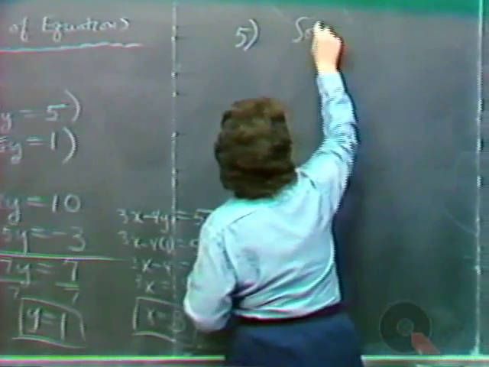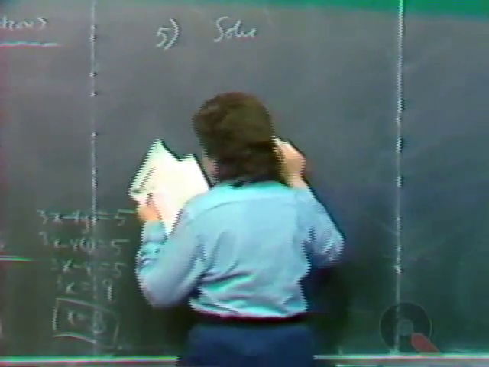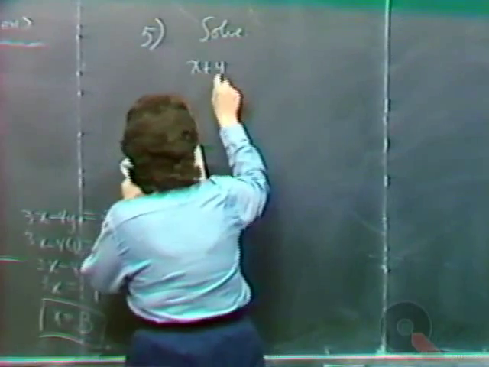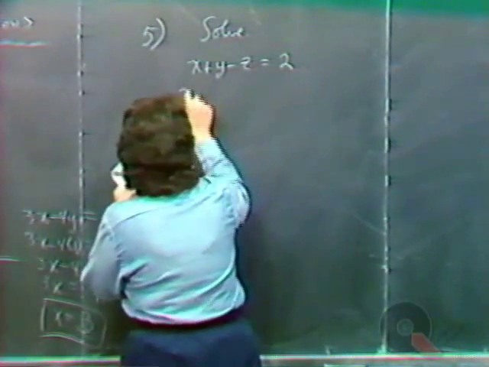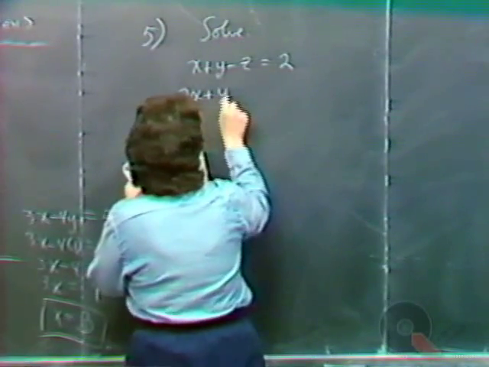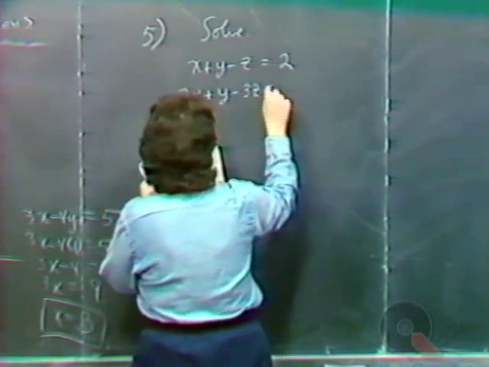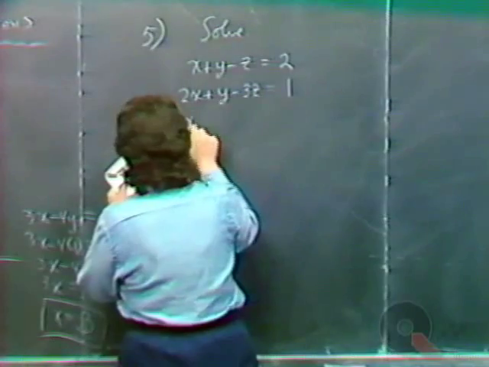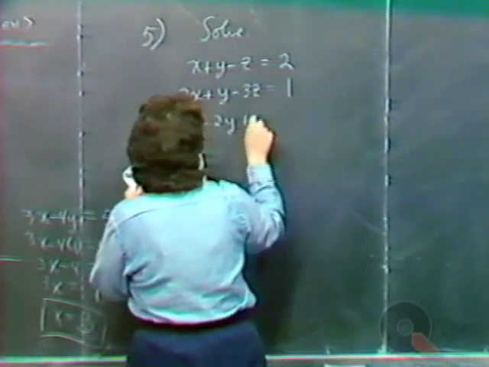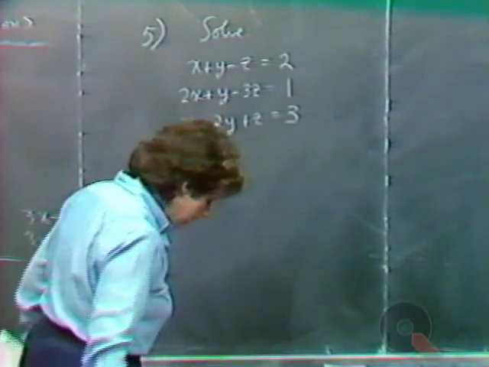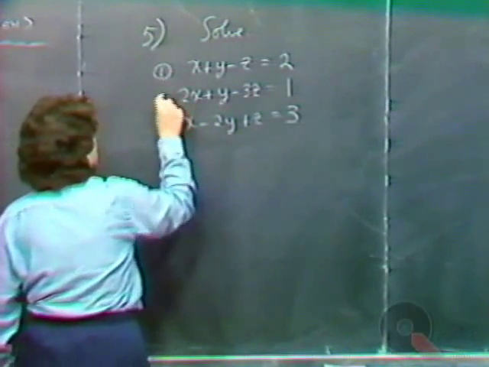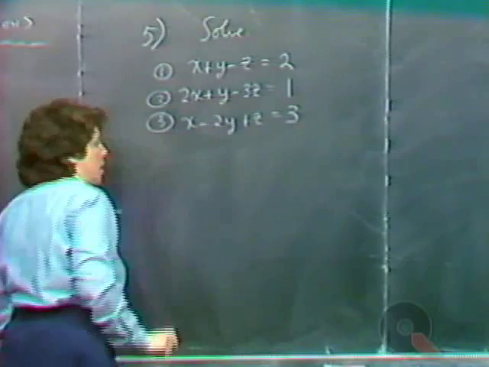Solve the system of equations that I'm giving you. x plus y minus z equals 2. 2x plus y minus 3z is 1. x minus 2y plus z equals 3. Let's label the equations 1, 2, and 3.